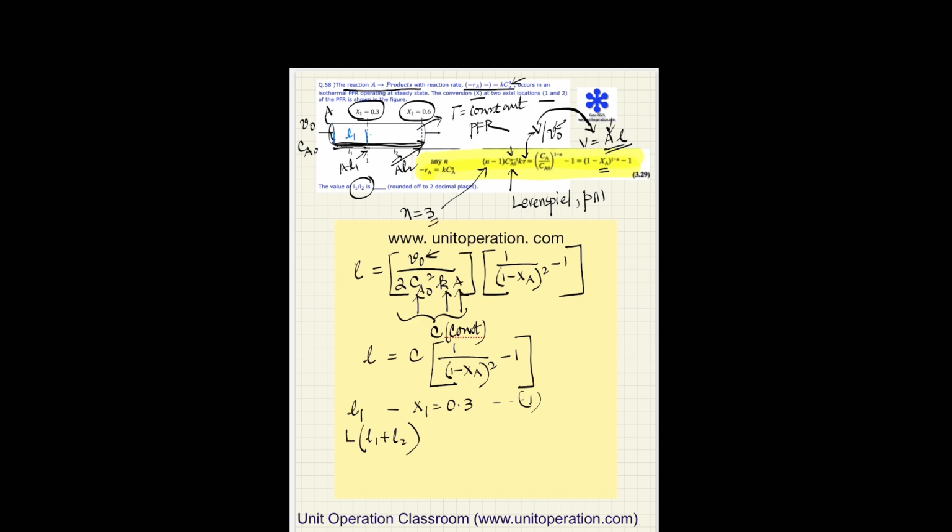So X2 is equal to 0.6 when the total length is equal to L1 plus L2. So these two equations can be solved very easily, and we can get the value of L1 over L2 equal to 0.25.